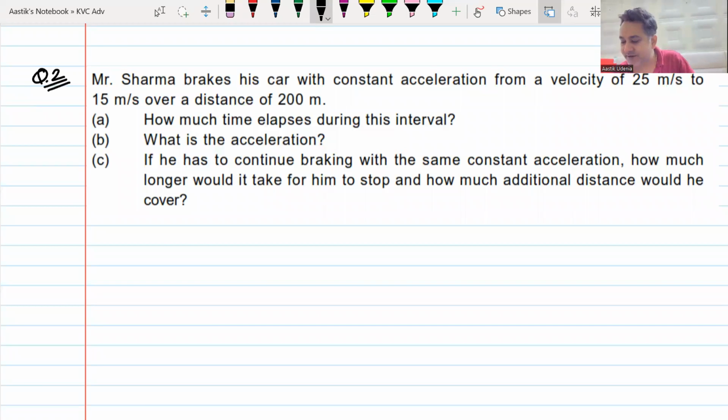Initial velocity is given, final velocity is given, displacement is given, and they're asking you the time. Initial velocity, final velocity, constant acceleration, displacement, and time. Choose the perfect equation. Get your answers.